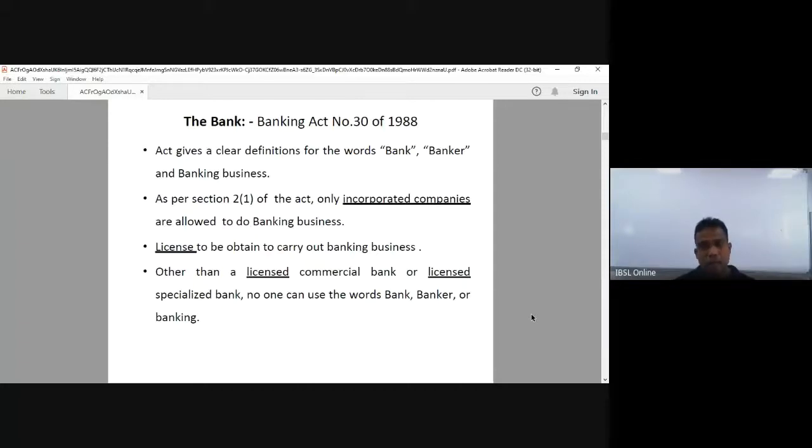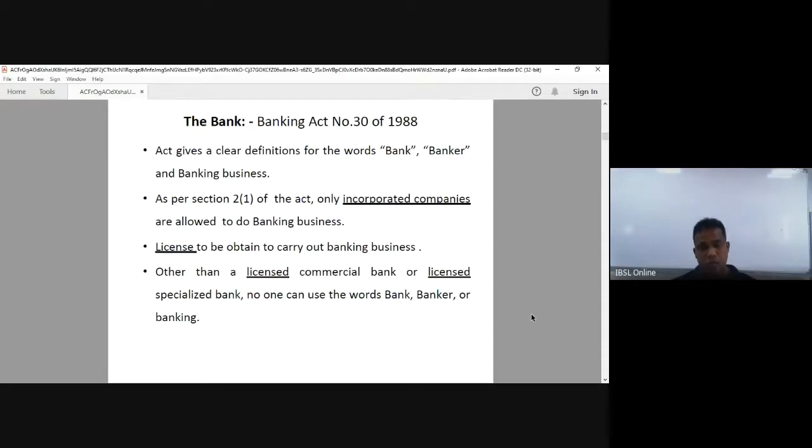You are aware that the banking business and banking institutions, banks, are supervised and governed by the Central Bank of Sri Lanka. So the banks are regulated by the Central Bank of Sri Lanka. Therefore, to become a bank or to do banking business, you have to obtain a license.